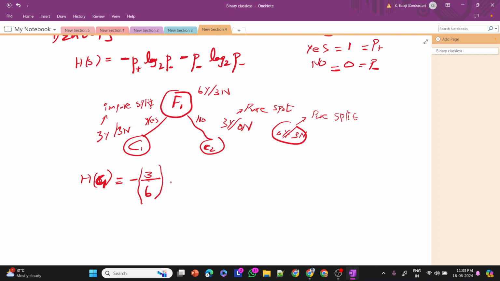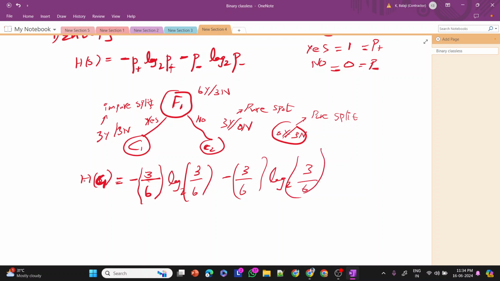The probability of yes is 3/6, and log 2 of 3/6. Minus the probability of no, which is 3 by 6, log 2 of 3 by 6. After computing this, we get 1.